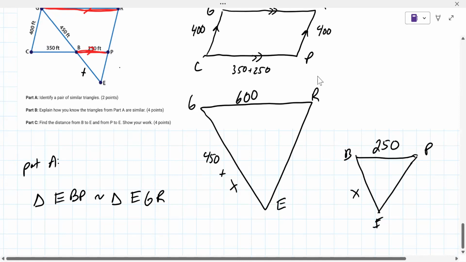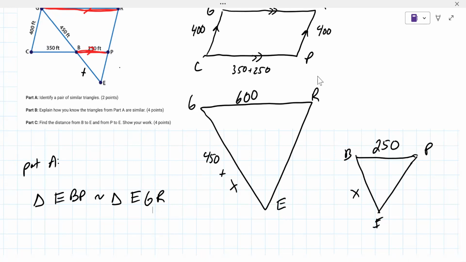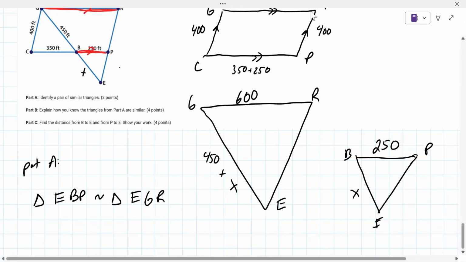I'm trying. EBP is similar to EGR. Right. All right. Is that clear? Yeah. Okay.